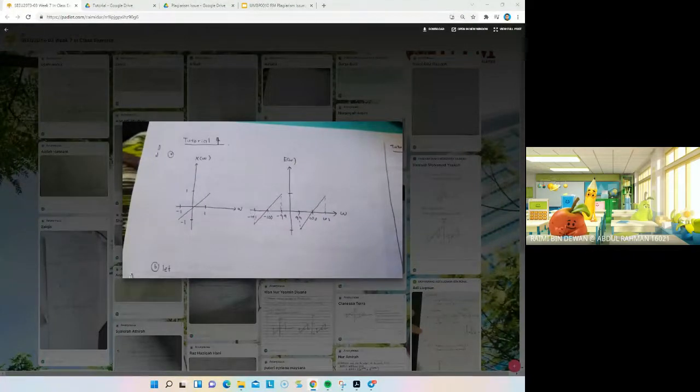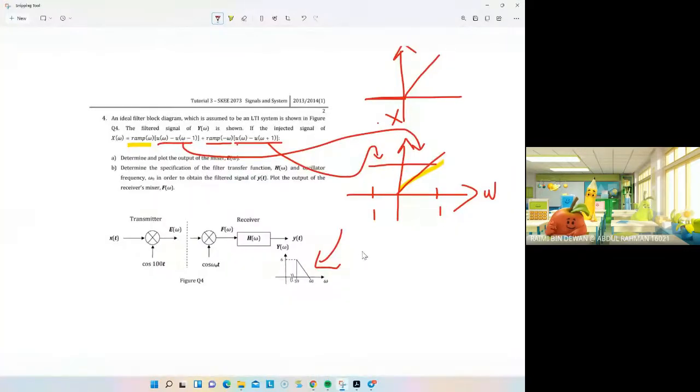I would like to tell you guys, it depends. If you use frequency, it is also not wrong. But remember, if it's frequency, you need to convert: omega over 2 pi. If you want to make your life a bit difficult, you can use f, still okay.